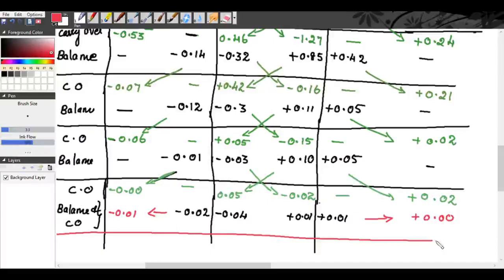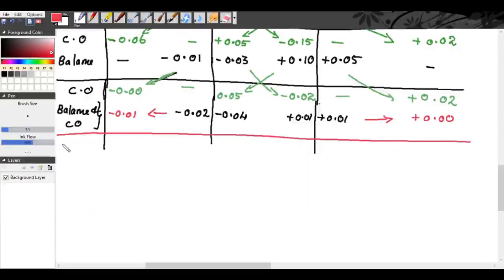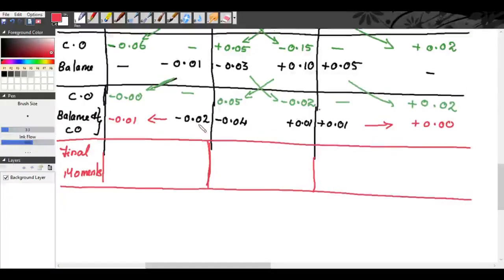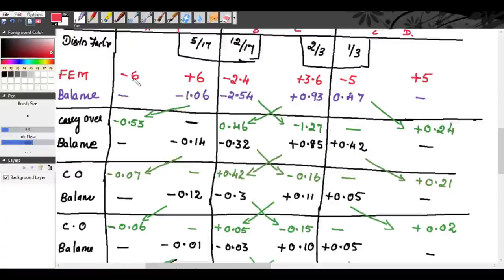So after stopping, we will find the final moments. So how will we determine our final moments? So this is our final moment. Final moments are, you add all these things.